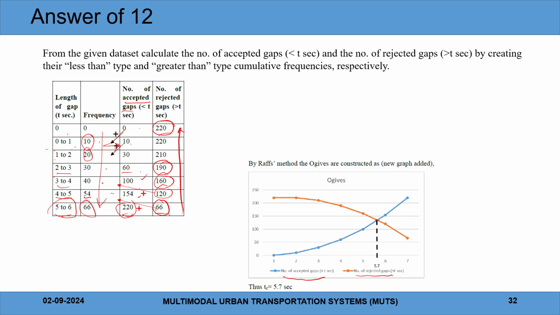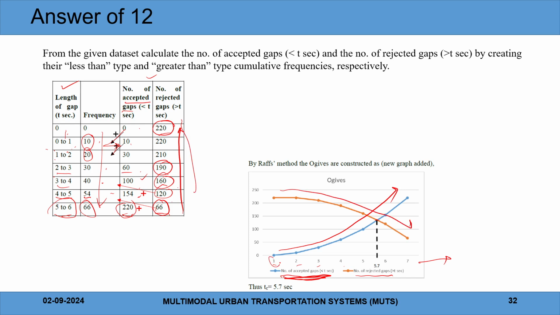So now you need to plot all these against the length of gaps in t seconds. So it is 1 second, 2 seconds, 3 seconds. You may take the middle value of each for plotting purposes. The number of accepted gaps is continuously increasing, and the number of rejected gaps shows a downward trend.